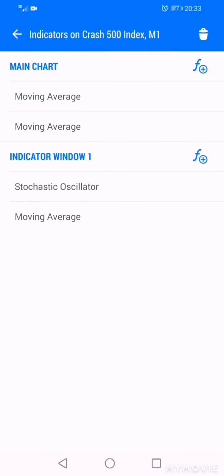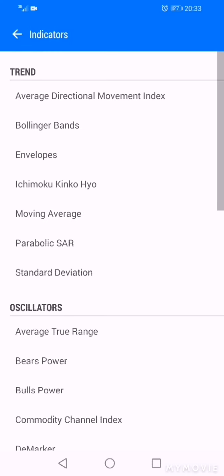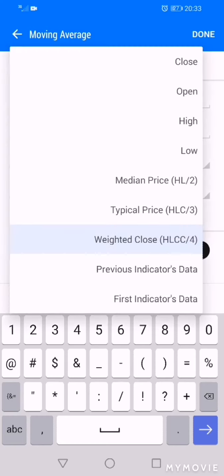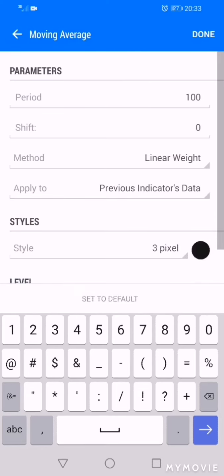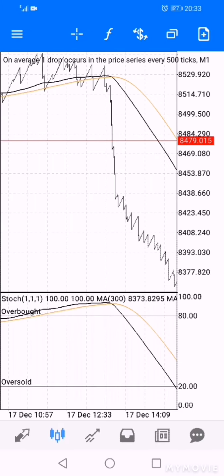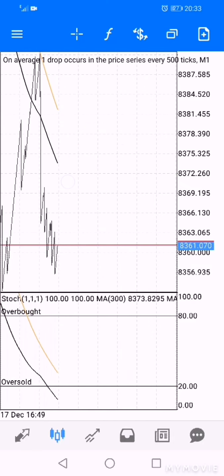Again, you go to that F again, you say indicator window 1, moving average, period 100, shift 0, method linear weight, apply to previous indicator's data, style is 3 pixel, and my color is gonna be gold this time. You say done. There, that's what I'm looking for, guys.